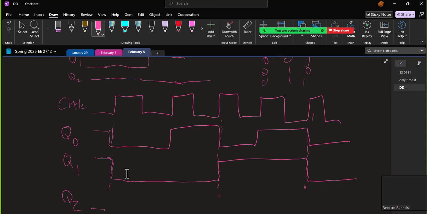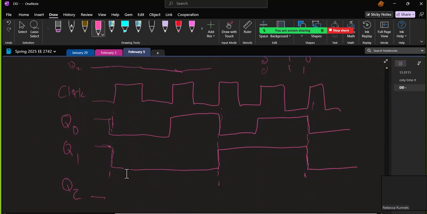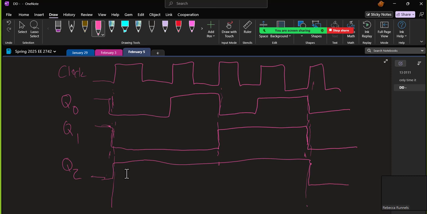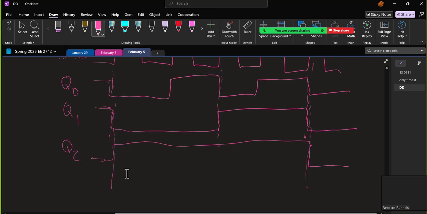And then the not of Q1 is the clock for Q2, and whenever it goes from 1 to 0, that'll be a positive clock edge for Q2. And so that's how that one would work.